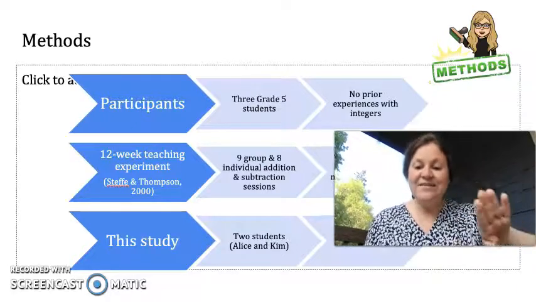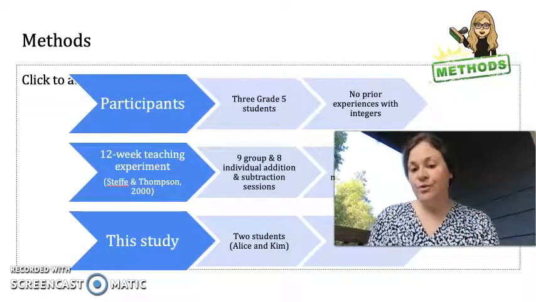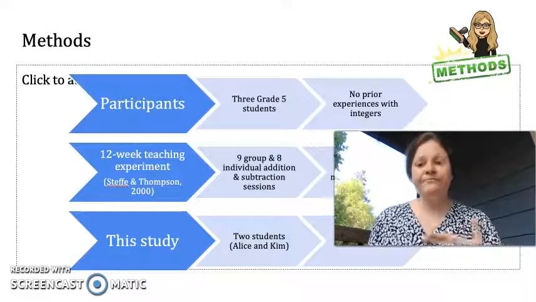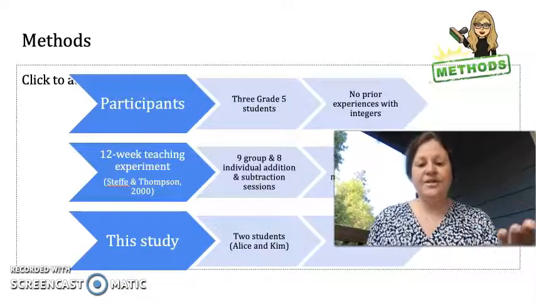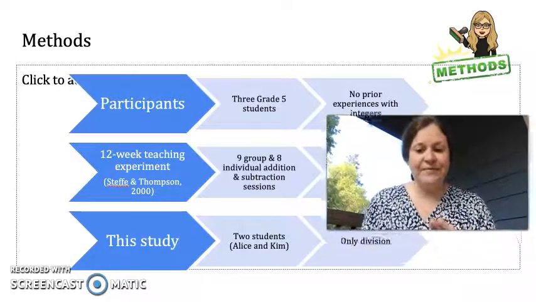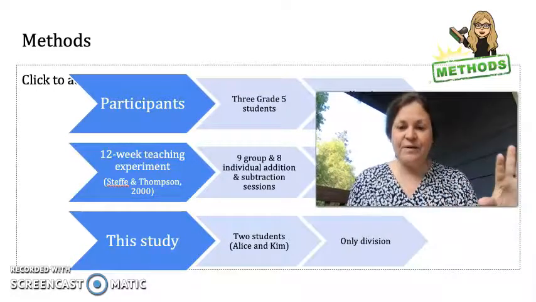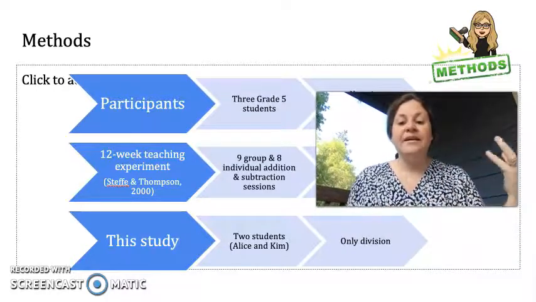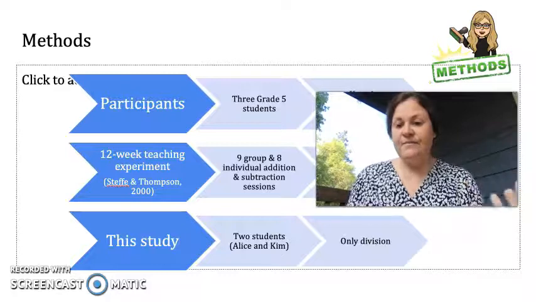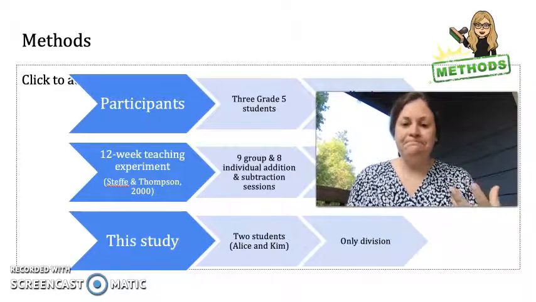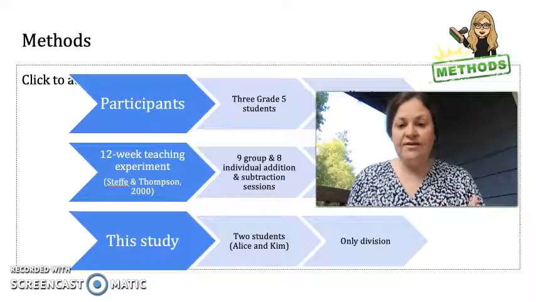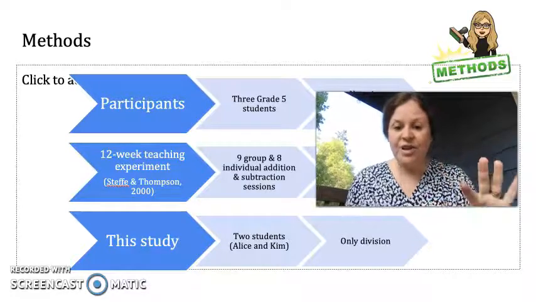But at the end of that, I wanted to do 2 exploratory sessions, one on multiplication and one on division. So this study comes at the end of a teaching experiment where children were constructing models for negative numbers on addition and subtraction.